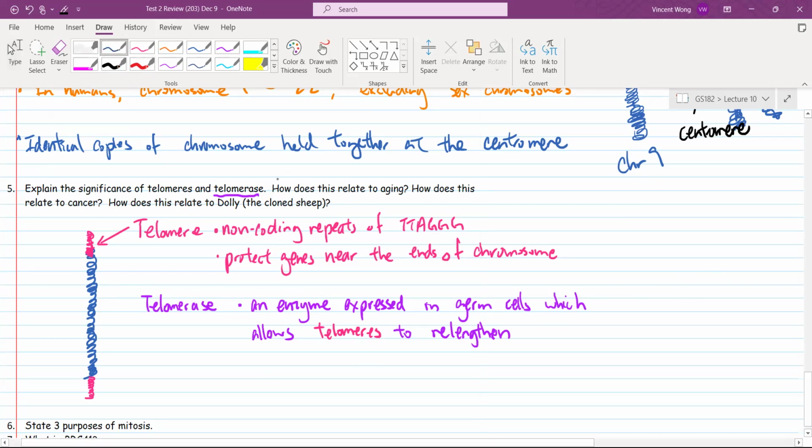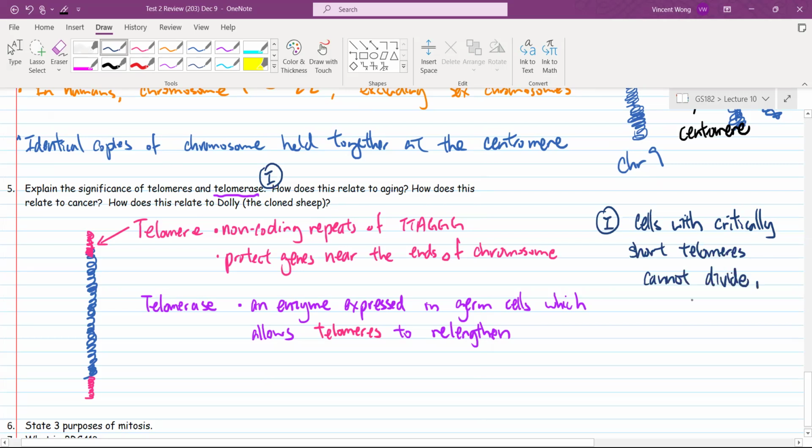So how does this relate with aging? Okay, so cells with critically short telomeres cannot divide. Okay, they will fail the G1 checkpoint.